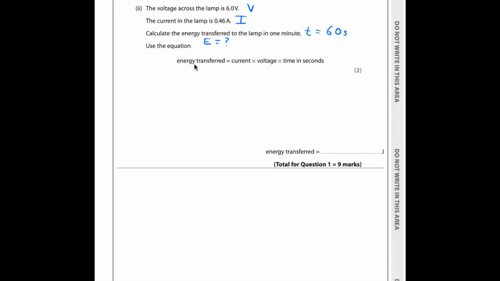Use the equation, energy equals current times voltage times time. So E equals I times V times T. Pop the numbers in. Current was 0.46 amps, the voltage was 6 volts, and the time is 60 seconds, and that comes out as 165.6 joules.